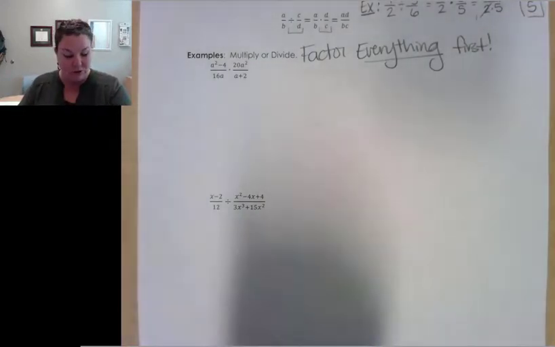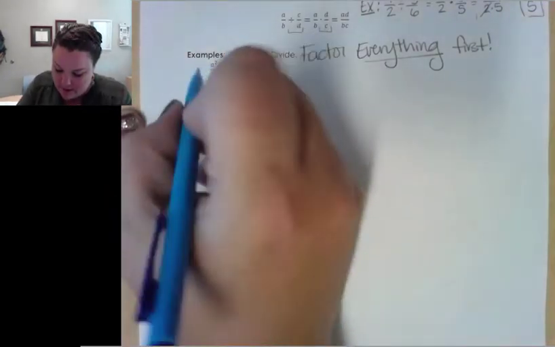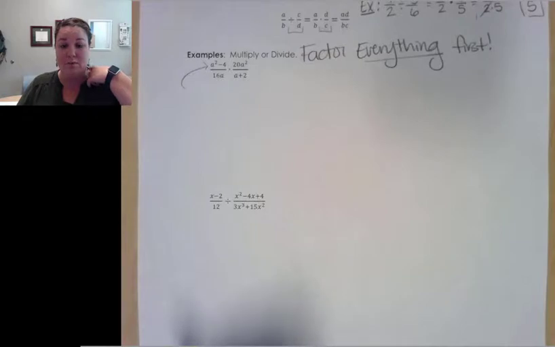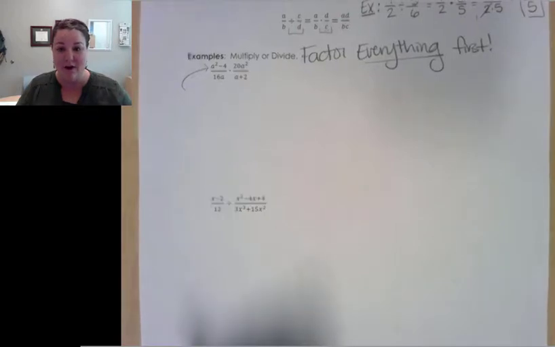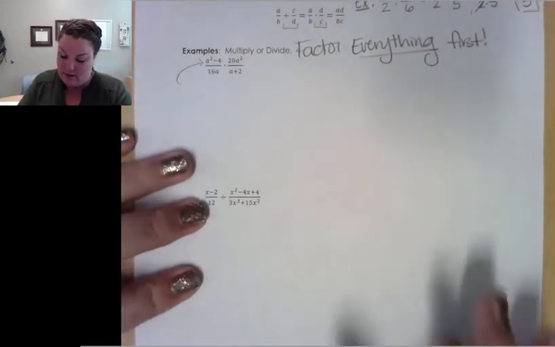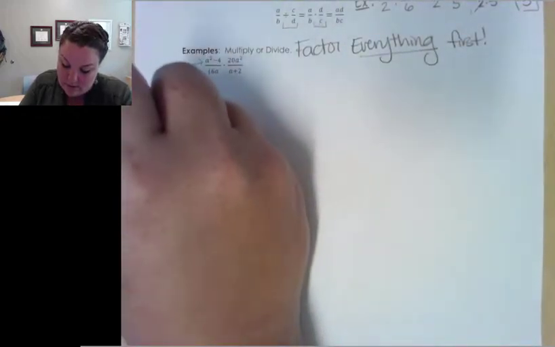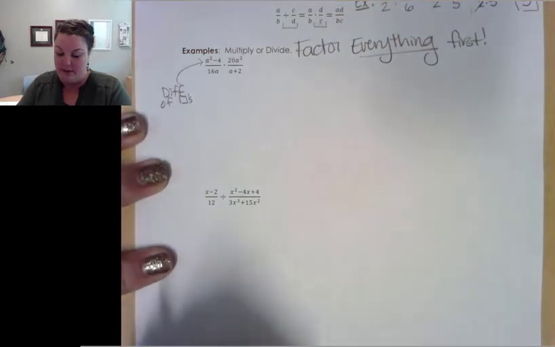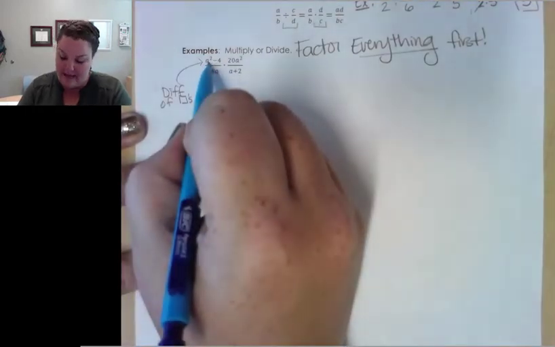Looking at this one, let's look at the top of the first rational expression. We have a squared minus 4. A squared minus 4 is a difference of squares, because my first base would be a.